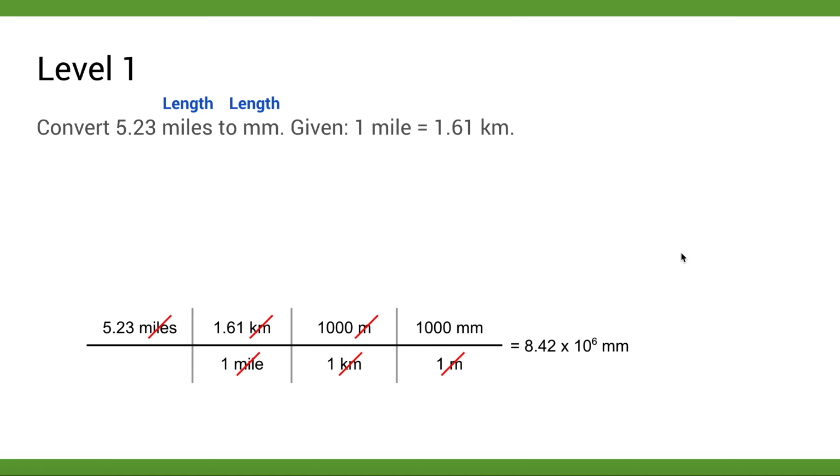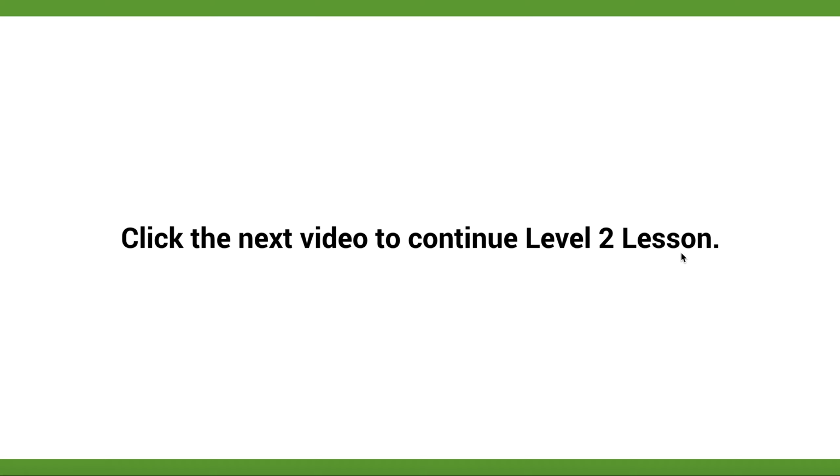If you put it into your calculator correctly, you should get a big number, and we do anticipate a big number because millimeters are very, very tiny. When you have 5.23 miles, you expect to see a huge number because there should be a lot of millimeters in a mile. That's how you make sense of it, and then you say, all right, I think this answer is correct.